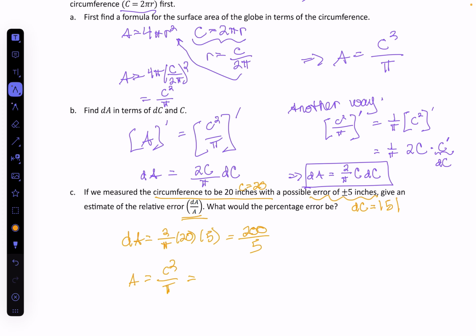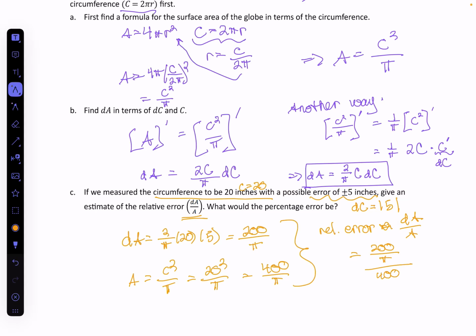That's going to be 20 squared over pi, or 400 over pi. And if we take these and plug into the relative error formula, that's going to be approximately dA over A. So that is 200 over pi, divided by 400 over pi.